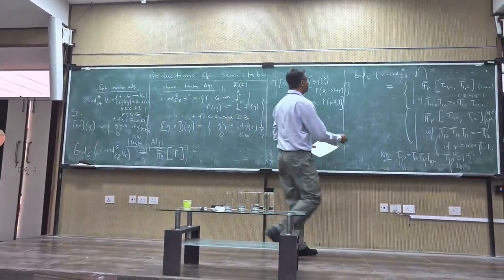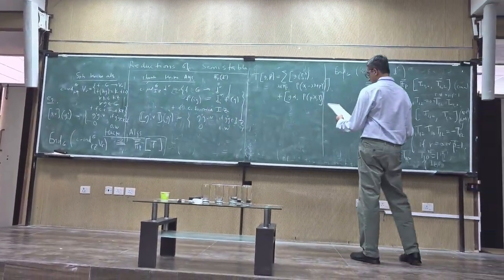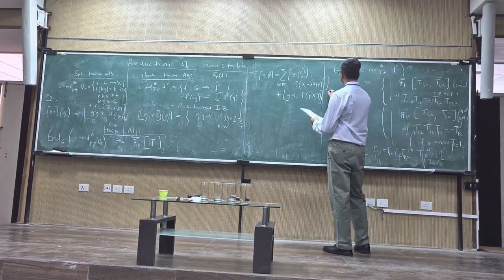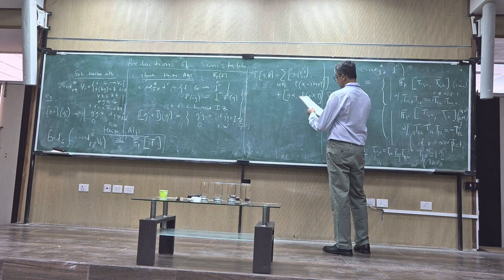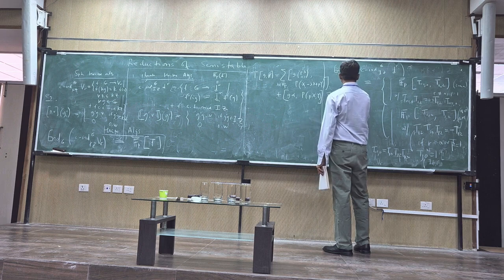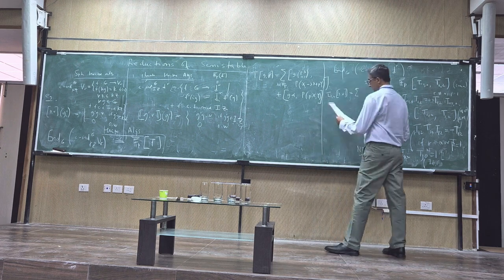Let me write the formal definitions down here of T minus 1, 0 and T1, 2 and T1, 0. So do I have space to do this without making it messy? Yeah, maybe. So T minus 1, 0 of g v is the sum, oh, I don't have much space.